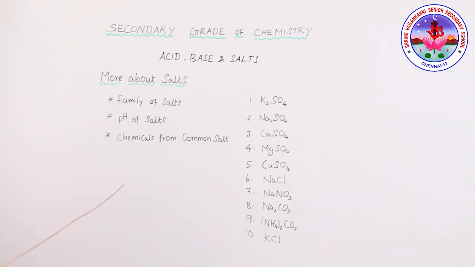Then chemicals from common salt. By now you have learned that the salt formed by the combination of hydrochloric acid and sodium hydroxide solution is sodium chloride. This is the salt that you use in food, called common salt or table salt.